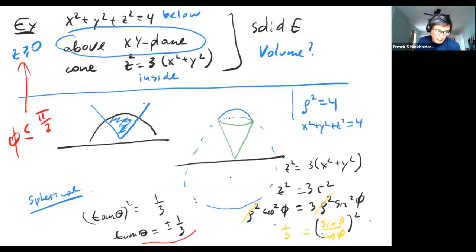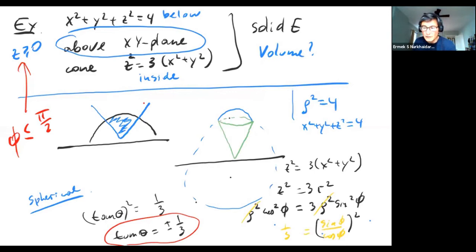So if you look at tangent equals plus or minus, we're going to choose the positive one, because if tangent equals negative, we're below the xy plane.